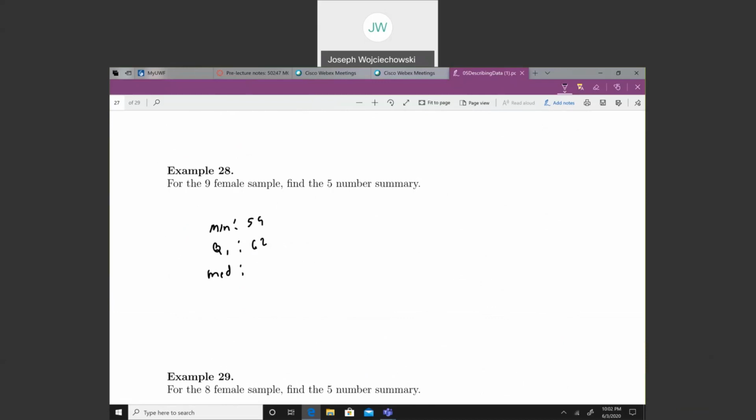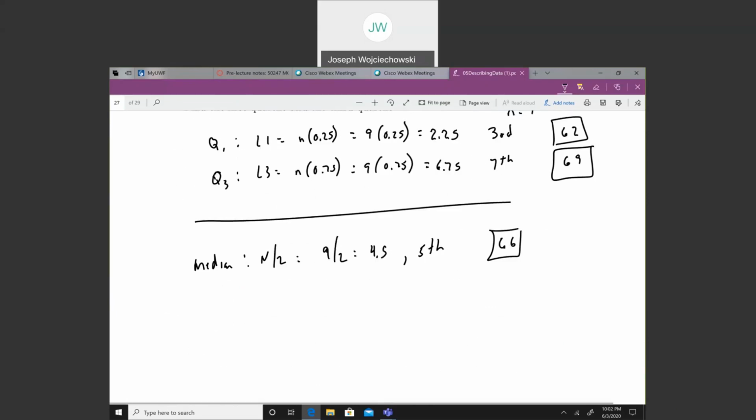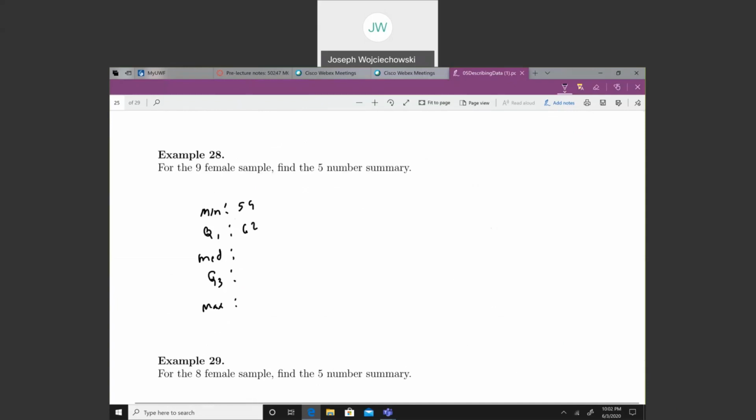We have a median, Q3, and a maximum. What was our median? 66. Q3 was 69, and maximum was 72, I believe.